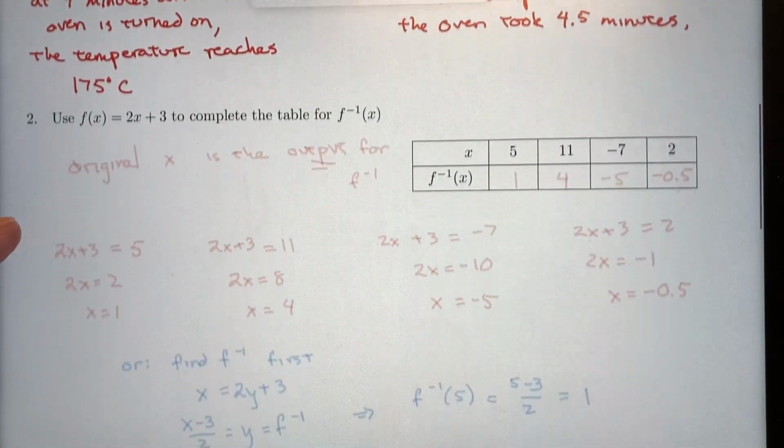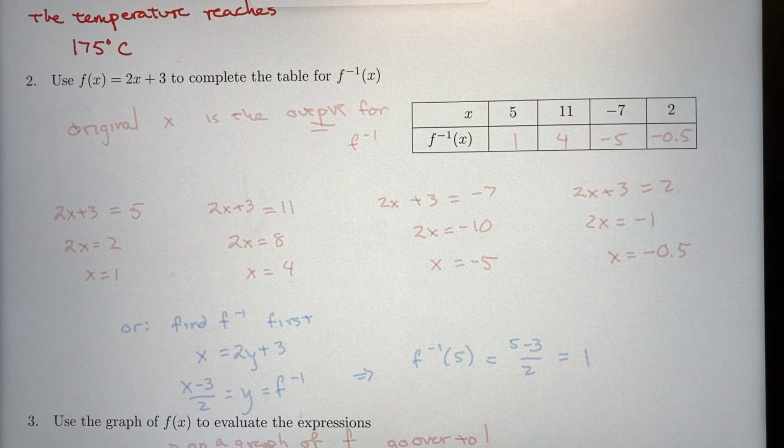Okay, inputs, let's see. There's a fast way and a slow way. Let's do the slow way. F inverse takes X as an output.